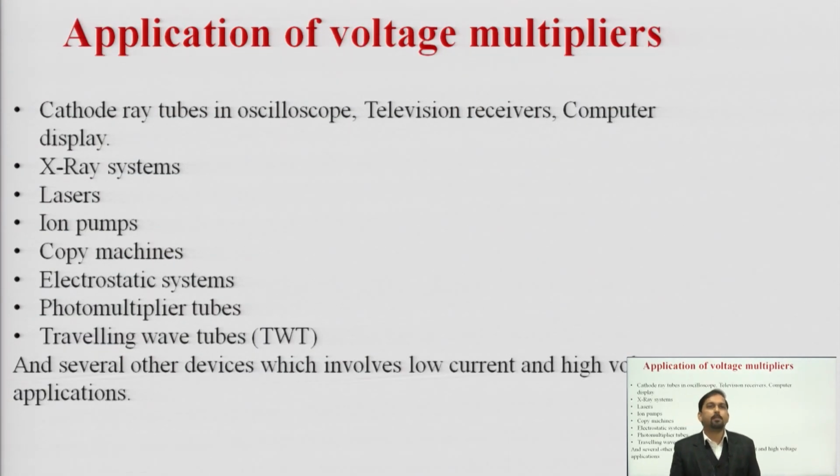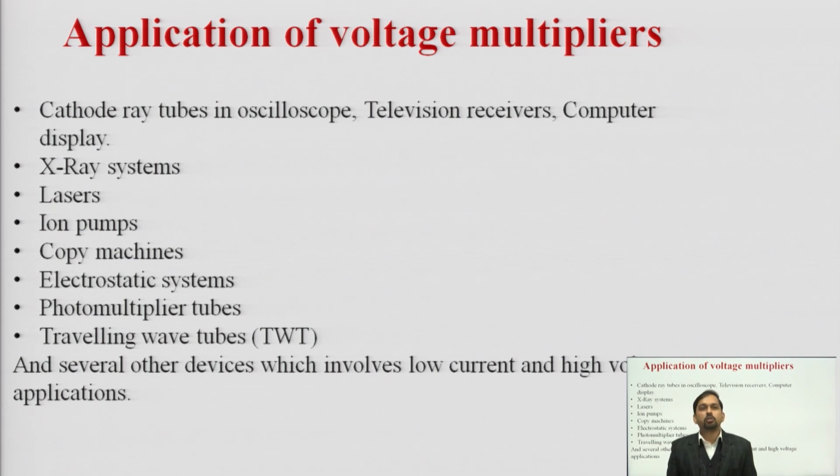Now, what are the application areas of voltage multipliers? First, we have the cathode ray tube, CRT, in the oscilloscope. The oscilloscope is basically used to visualize signals, meaning we can visualize current and voltage signals.